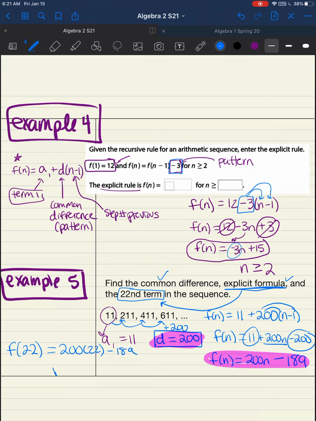And we get 4,000, f of 22, the 22nd step in this sequence, so make sure you know how to read the function notation, is 4,211. Make sure you're pausing these videos and replaying them and backing them up when you hear something that you're not sure of. So, there you go.